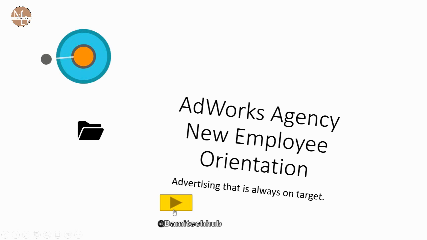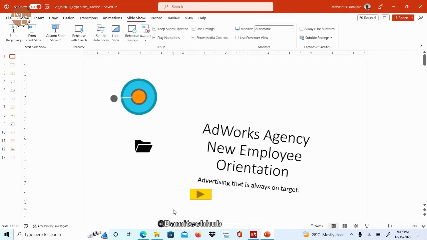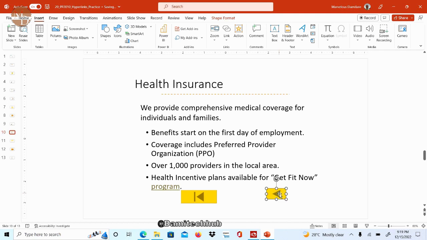Now, how do we edit our action button? Let's say you want to edit this particular action button. How do we go about it? Simply click on it, then click on link.